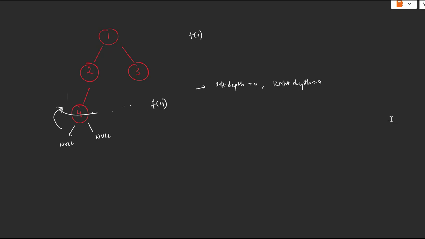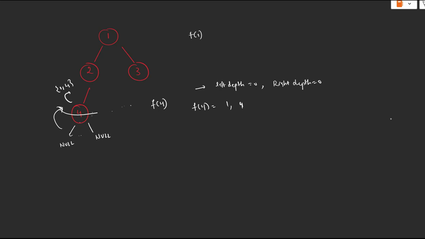So it will return height 1 and 4 as the common ancestor, because the depths are the same. So f of 4 will give 1 as the depth, and the common node is 4 itself.